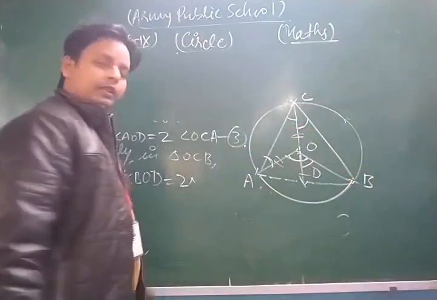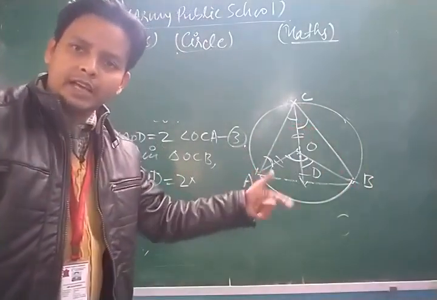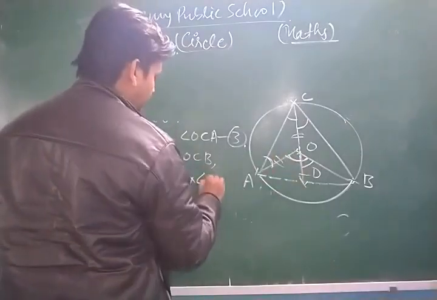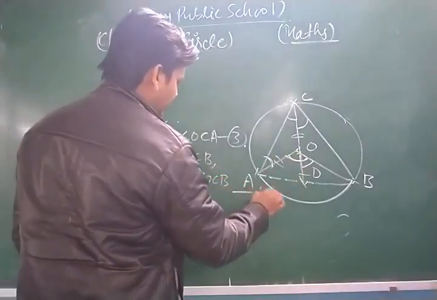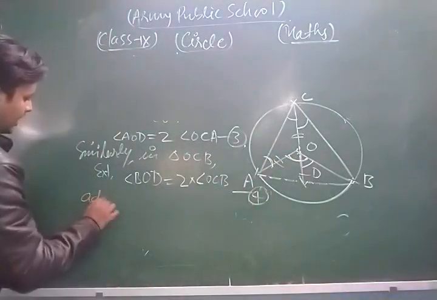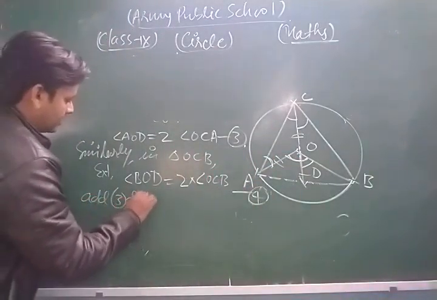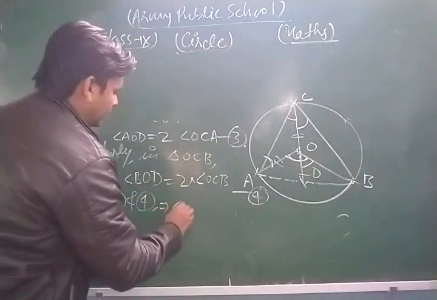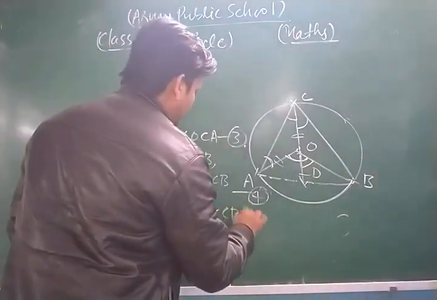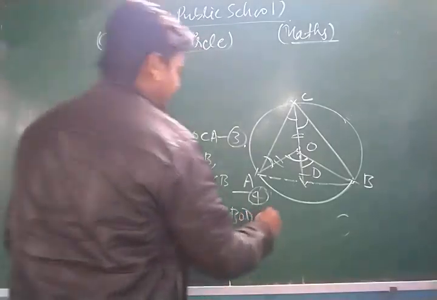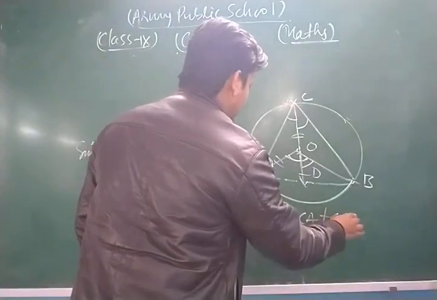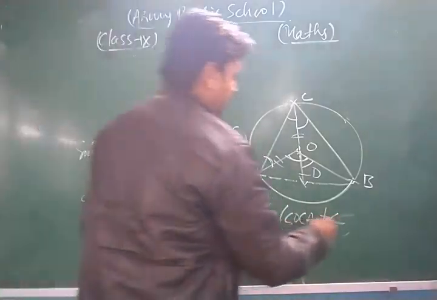We apply the same process, and this is equation number 4. Now adding 3 and 4, angle AOD plus angle BOD is equal to 2 taking common, angle OCA plus angle OCB.